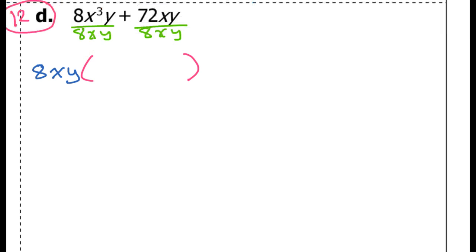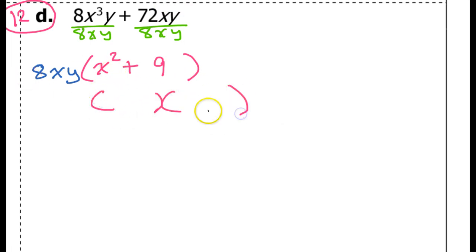Okay, so the 8's cancel out completely. X to the third power divided by x is x squared, and the y's cancel out completely. So I have plus. 72 divided by 8 is 9, and the x's and y's cancel out completely. So I just have this. Now the question is, is this the final answer, or can I keep going?